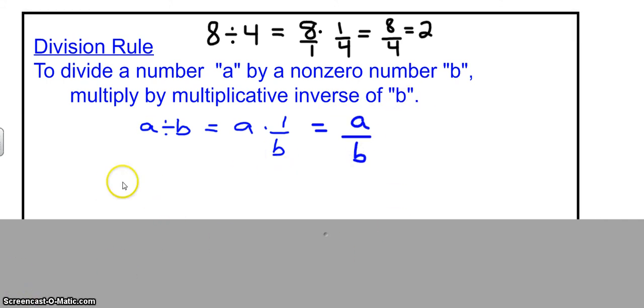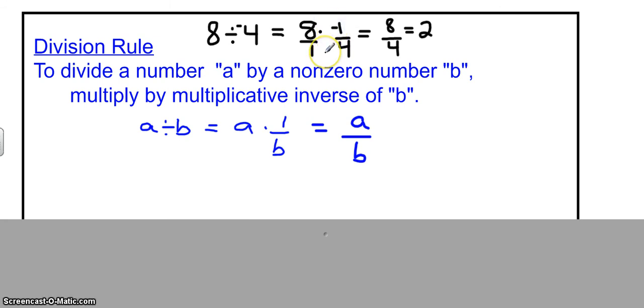All right, so now that we know the division rule, let's recall what happens when we use positives and negatives. I mean, a positive divided by a positive gives us a positive, right? But what about a positive divided by a negative? What if I change this 4 to a negative? Over here, we could put the negative in the denominator or the numerator, right?